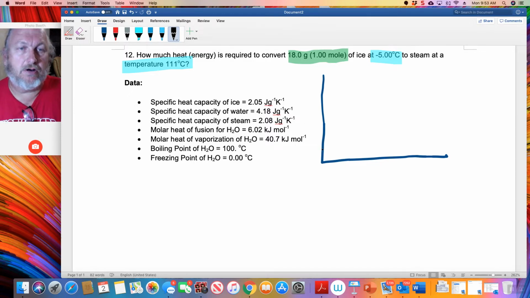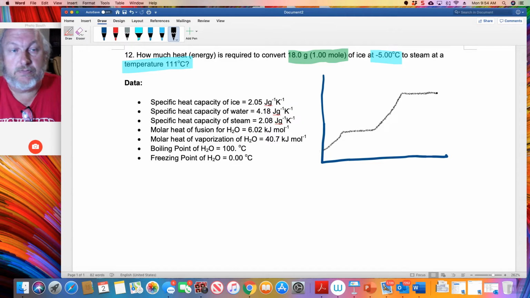So let's think about where we're at with this. We start at minus 5C. We're going to throw heat into it, and then it's going to start to melt. After it's all liquid, it's going to continue to rise until it gets to 100 degrees C, or the boiling point of H2O, and it's going to boil away.